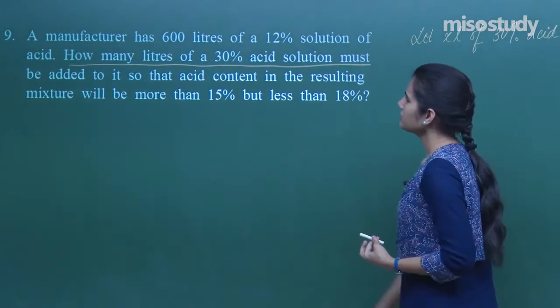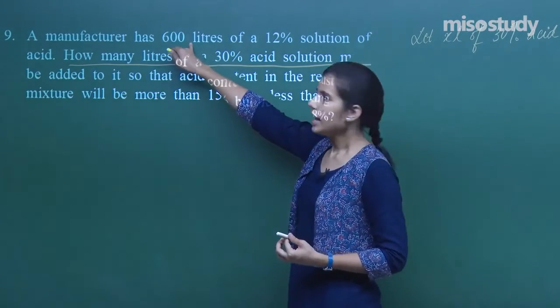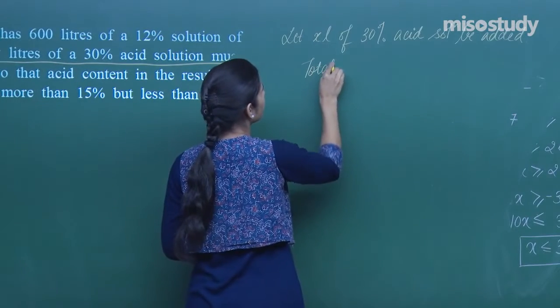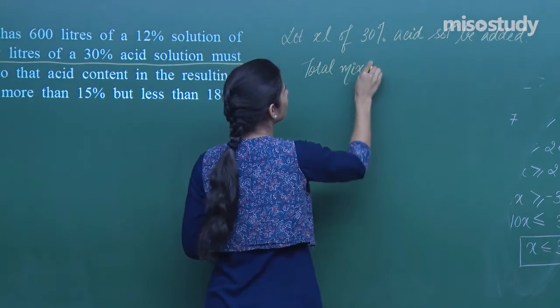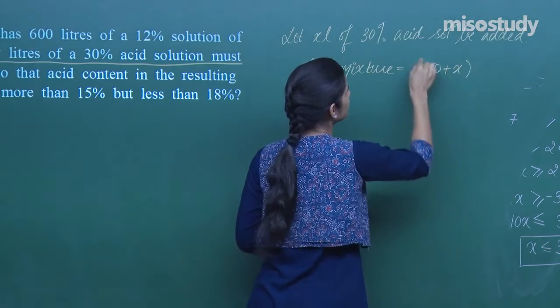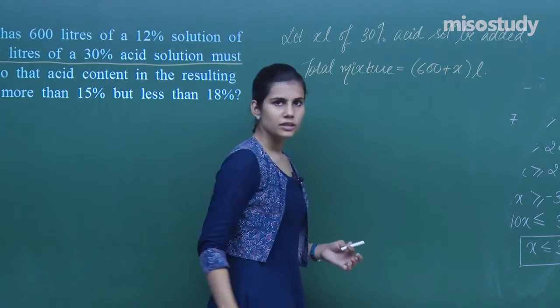Now what will be the resulting mixture? 600 liters was already there. I have added x more liters. Therefore the total mixture is 600 plus x liters. This is the resulting mixture.